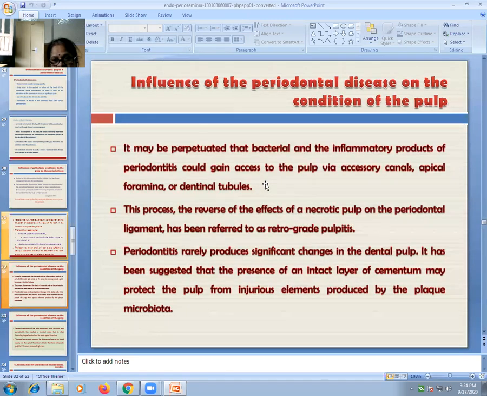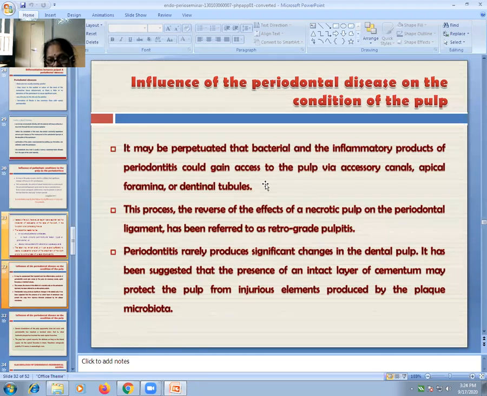Once you have checked the pulp vitality, if the pulp is vital, most of the time that will be originating from the periodontium, not from the pulp. But if the pulp gets infected in due course of time, necrosis of the pulp can happen.